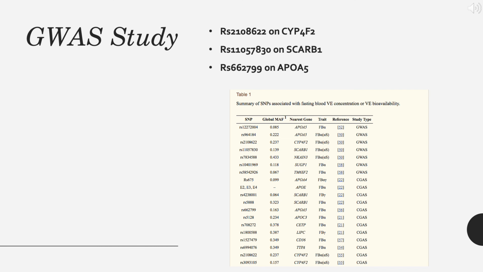So they assumed that it was the APOA5 gene that was affecting the status of vitamin E.